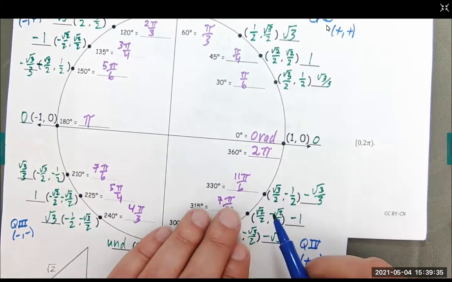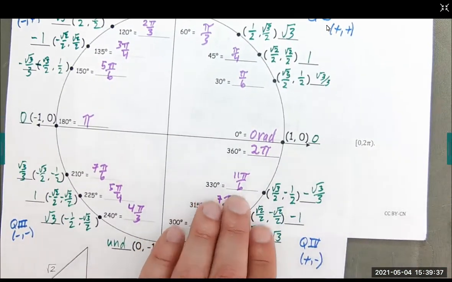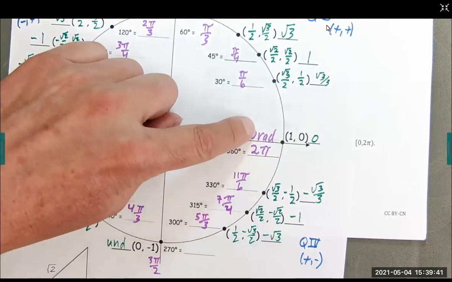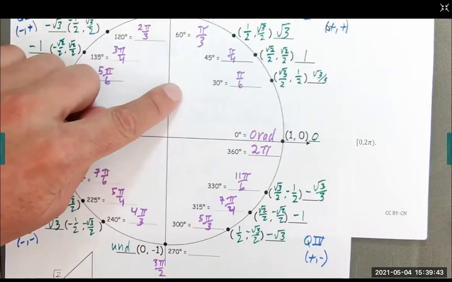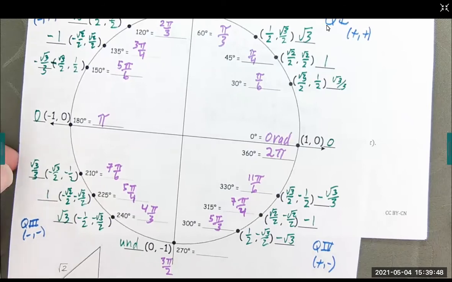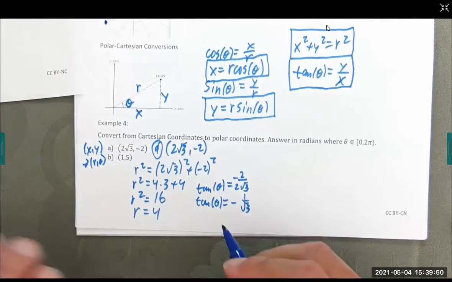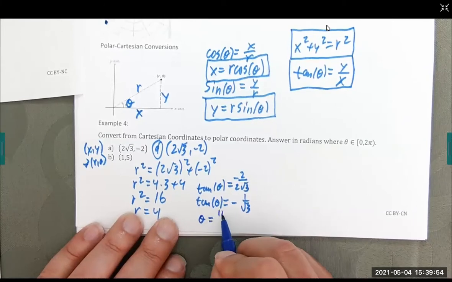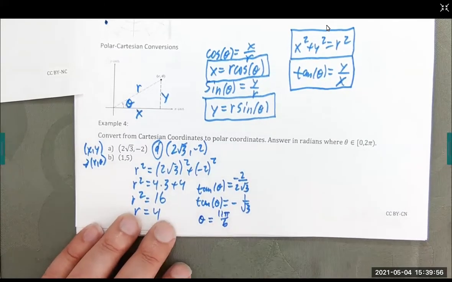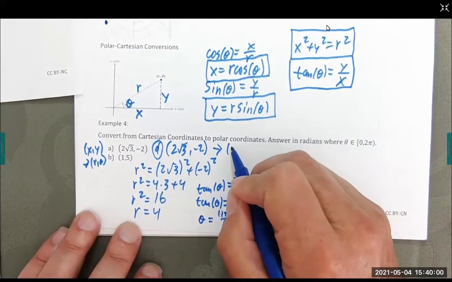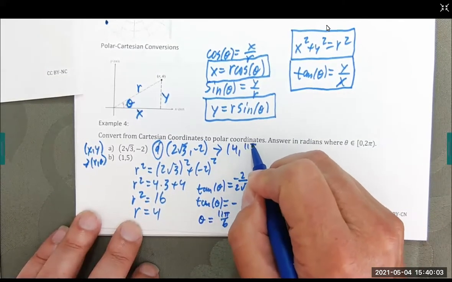So I can look and see that we are at 11 pi over 6, meaning if I start here and go all the way around in the positive direction to here, I stop at 11 pi over 6. So this means that theta is going to equal 11 pi over 6. So this converts to r, which was 4, and 11 pi over 6.